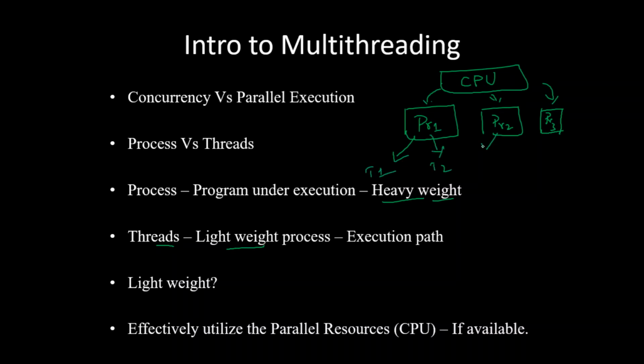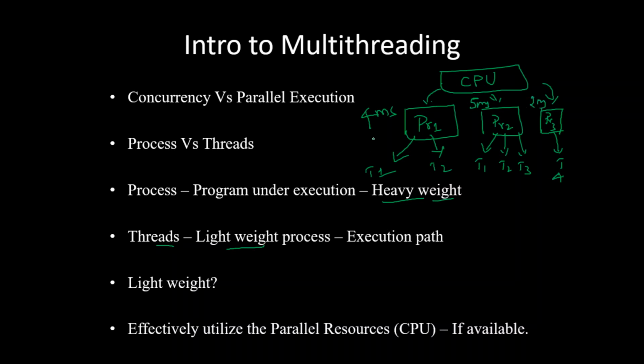In process 2 there may be 3 threads, T1, T2 and T3. In process 3 there may be only one thread, say T4. Okay, now say for example the processor is allocating 4 millisecond for process 1, 5 millisecond for process 2 and 2 millisecond for process 3.